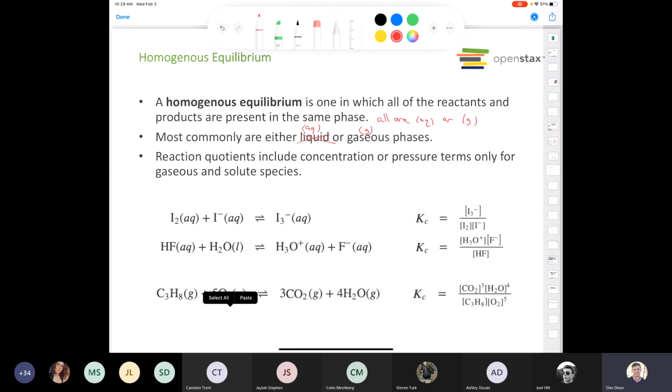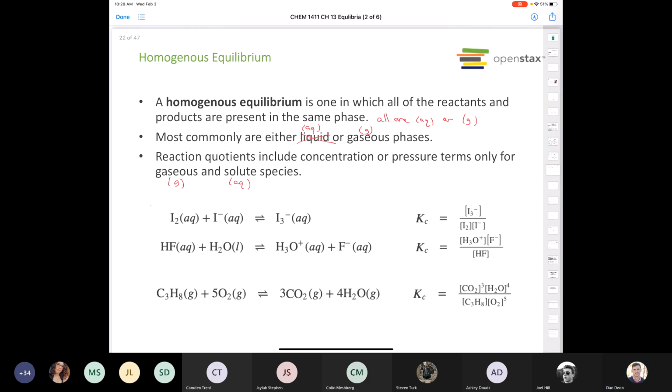Anyhow, reaction quotients include the concentration or pressure terms only for gaseous and solute species. If you look at this reaction here, you see everything is aqueous, and so all three of the players end up in the equilibrium constant expression.